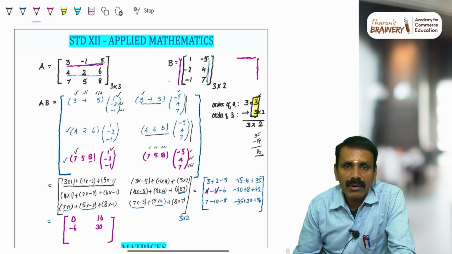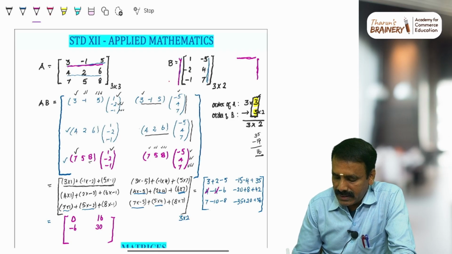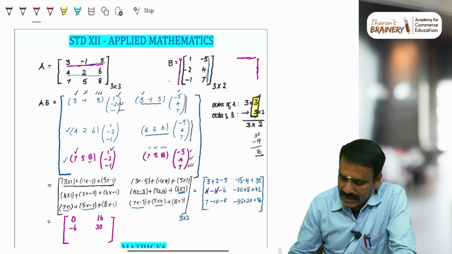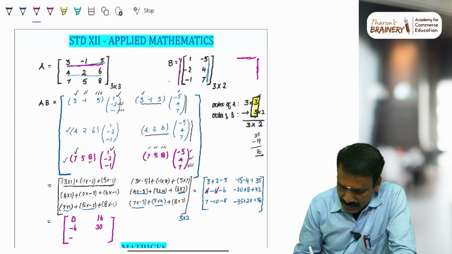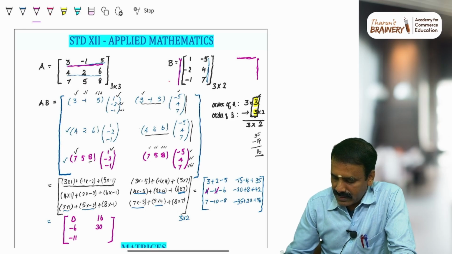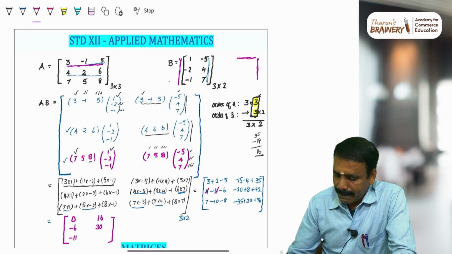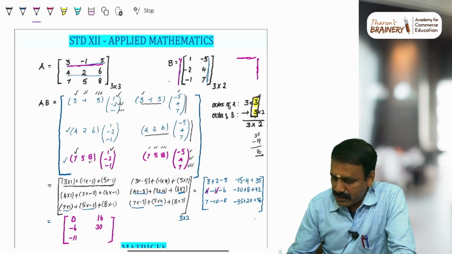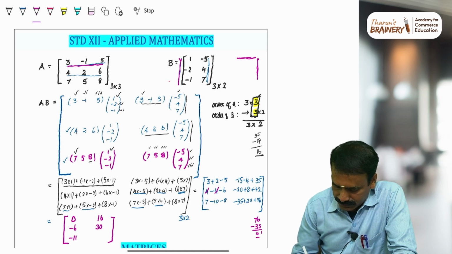So we subtract the smaller one from the bigger one and we take the bigger number's symbol. Okay, minus 18 plus 7 is going to be minus 11. Finally, plus 20 plus 56. It is going to be 76, and minus 35. So it is going to be plus 41.